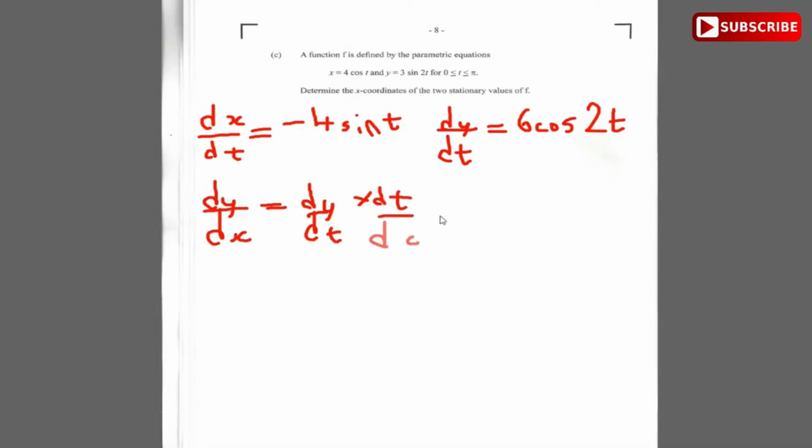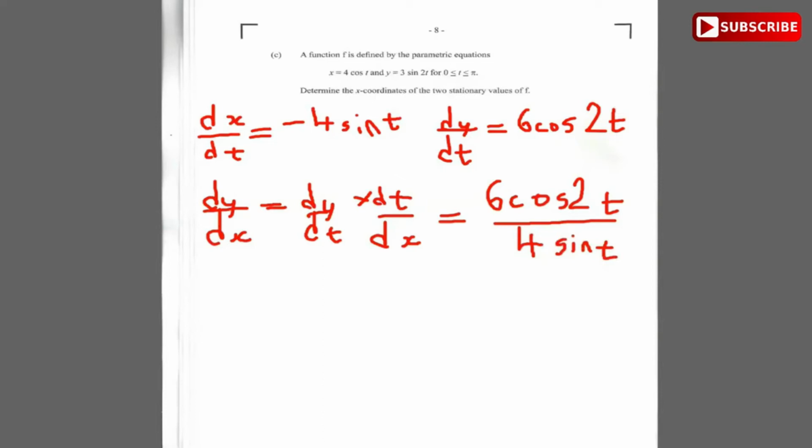In our case, dy/dx is going to be equal to 6 cos 2t divided by 4 sine t.